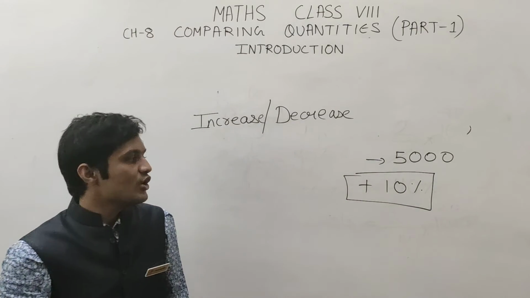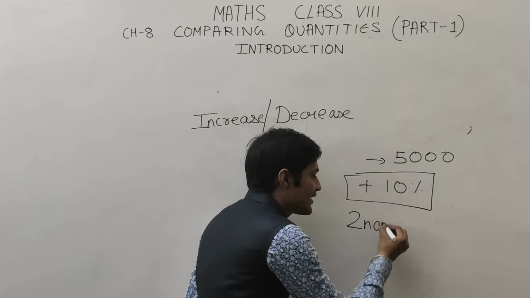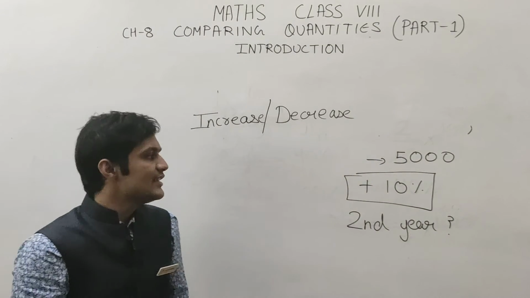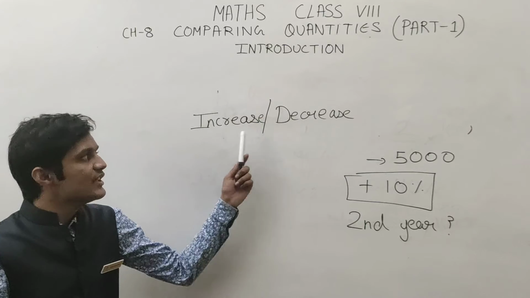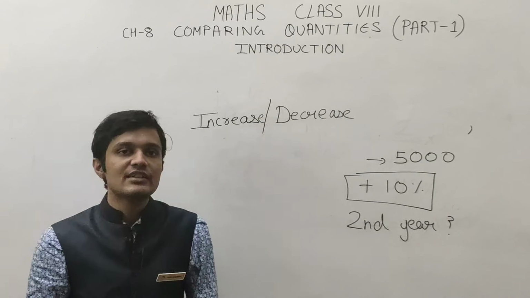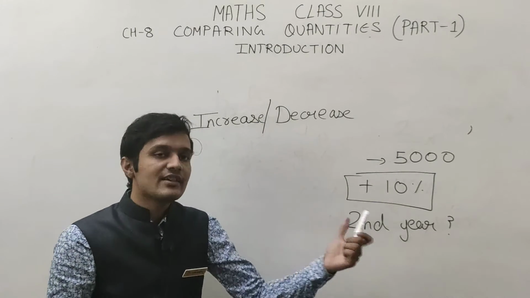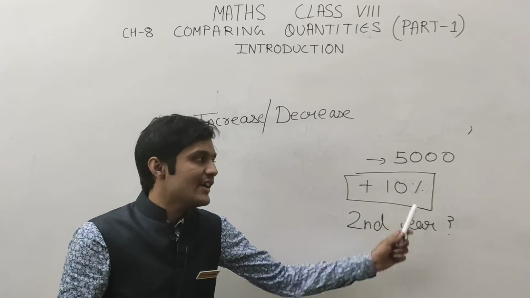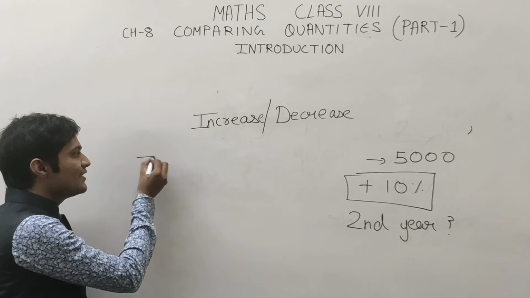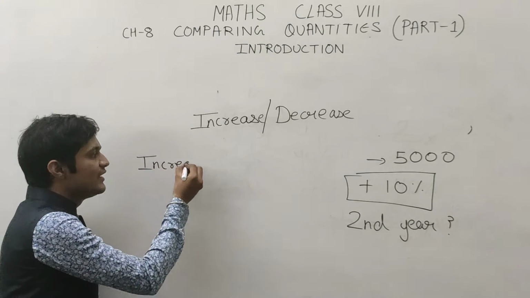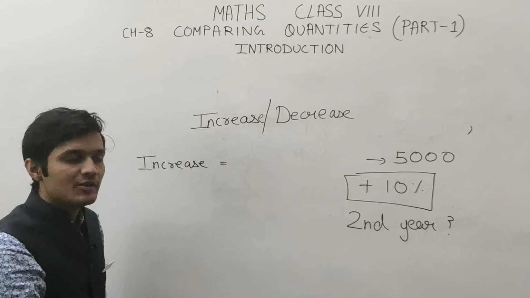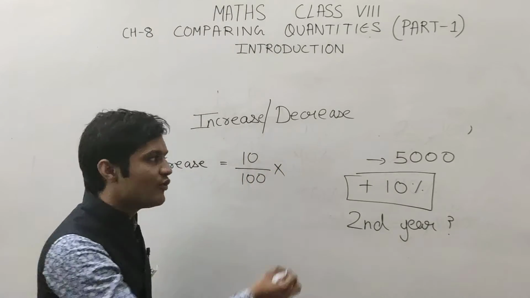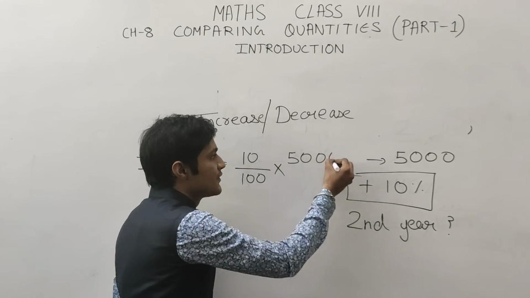So if you want to find out the rent of second year, then what will you do? So in this type of concept, we use this method, increase and decrease of a percent. How to find increase in a percentage? Here the increment in percentage is 10%. So I can write, increased amount will be 10% of what? 5,000.